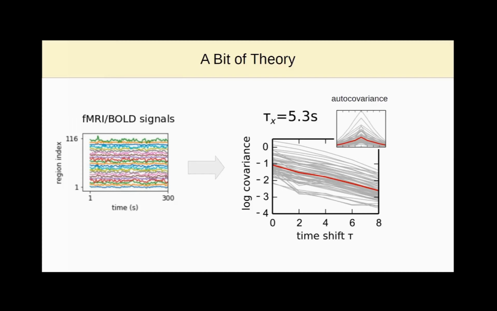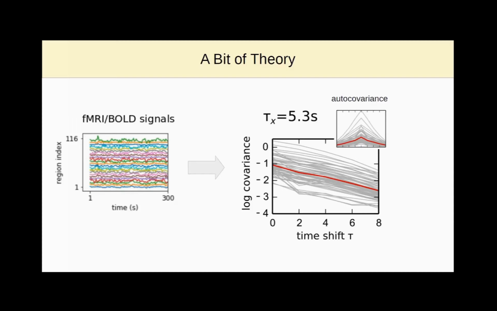Right? And so when we look at the autocovariance of the Bold signals, which is represented here, on the x-axis you've got the different lags for the autocovariance, meaning that that's somehow a measure of the correlation from one time point to the next in the Bold signal.